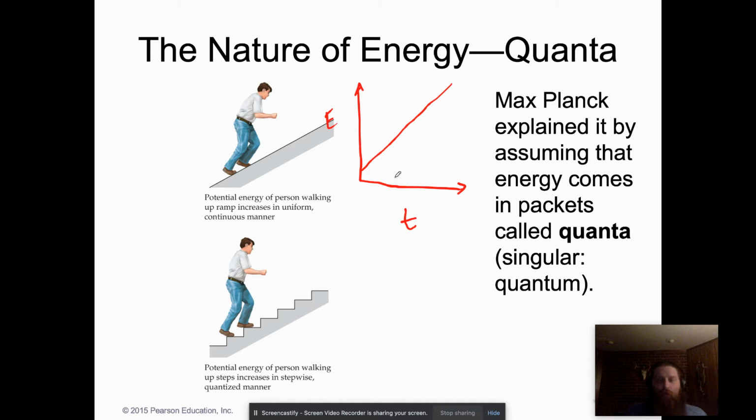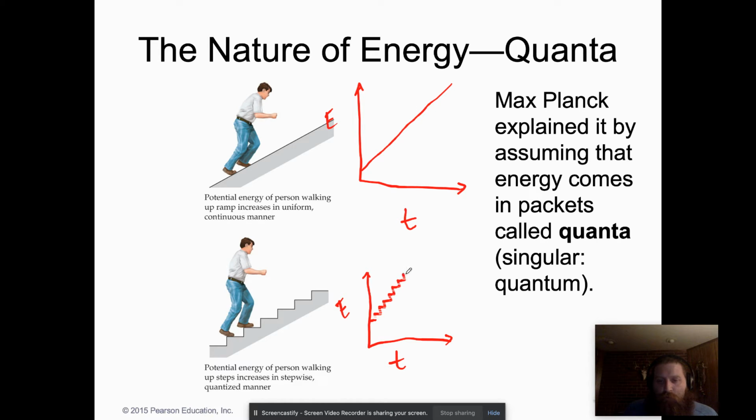We're just absorbing energy. Waves predict this, but that doesn't explain why things start to glow, because when they're glowing, they're giving off a different amount of energy. So Planck theorized that if you were to zoom in on that graph enough, right, here's our time, here's our energy, that as each individual second goes by, the photons that are hitting the surface of that detector are actually imparting discrete amounts of energy to the surface.